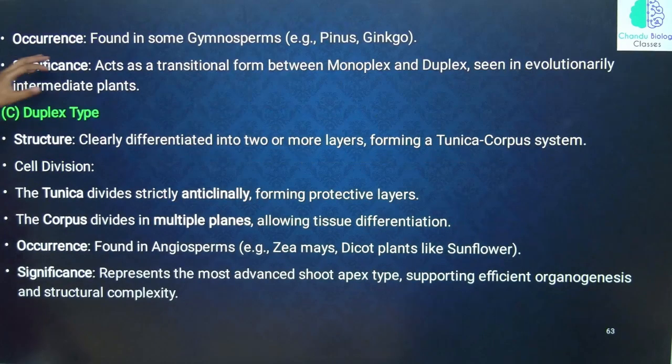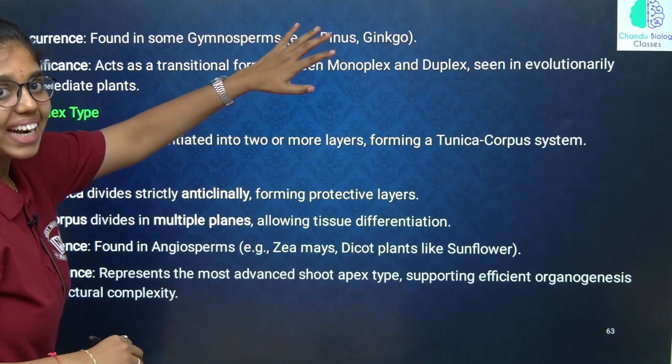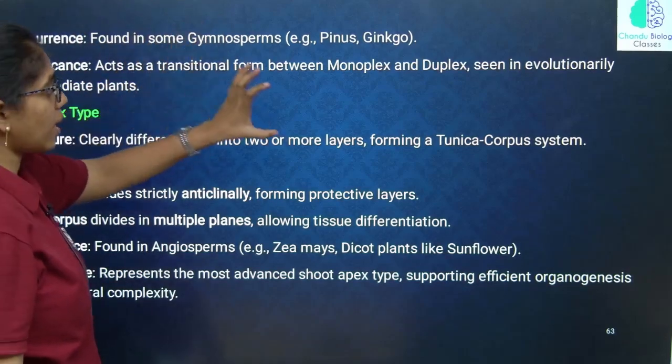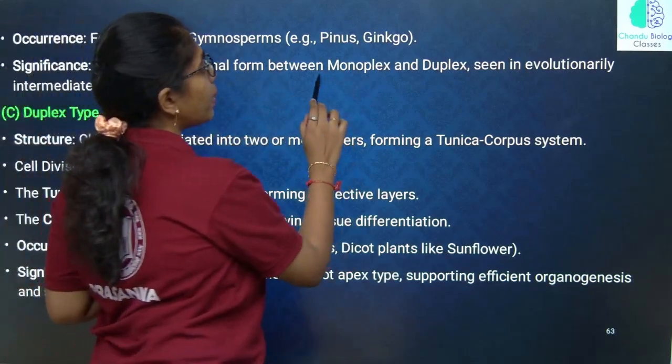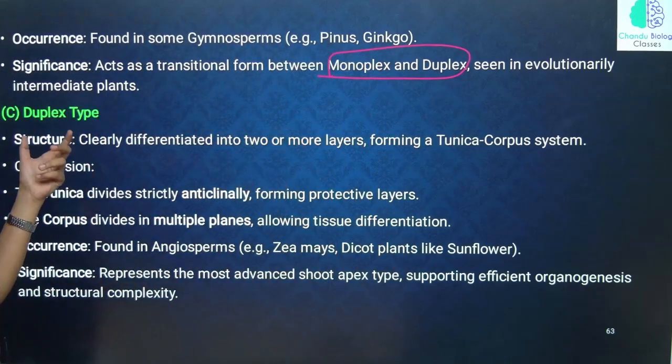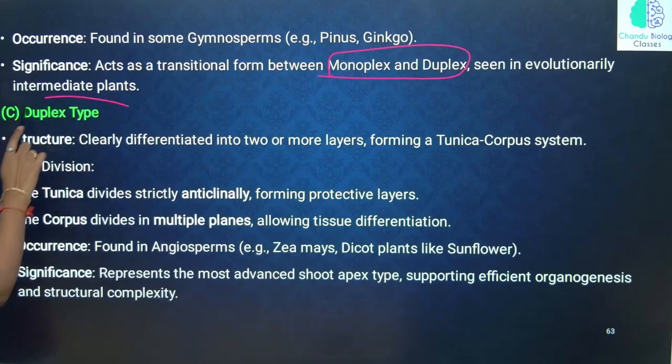Where does the simplex type occur? In gymnosperms, which include Pinus and Ginkgo. Its significance is that it acts as a transitional form between monoplex and duplex, which gives us an evolutionary significance.